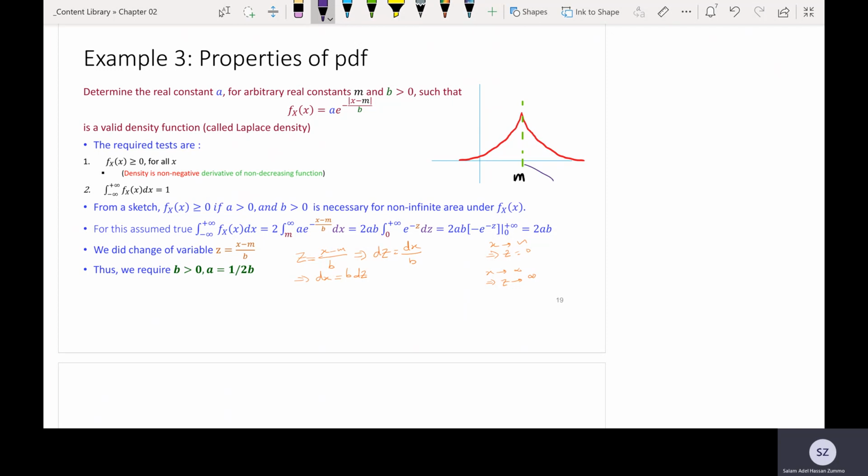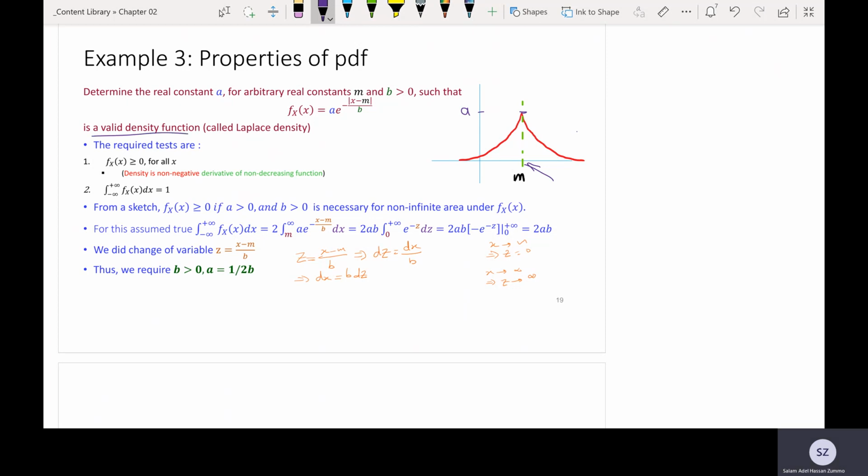So it's centered around m, and because of the absolute value, it decays symmetrically from the peak value here, a, until it dies off at 0. Okay, this is a symmetric exponential. And this is very important; we will talk about it later when we take Laplace.